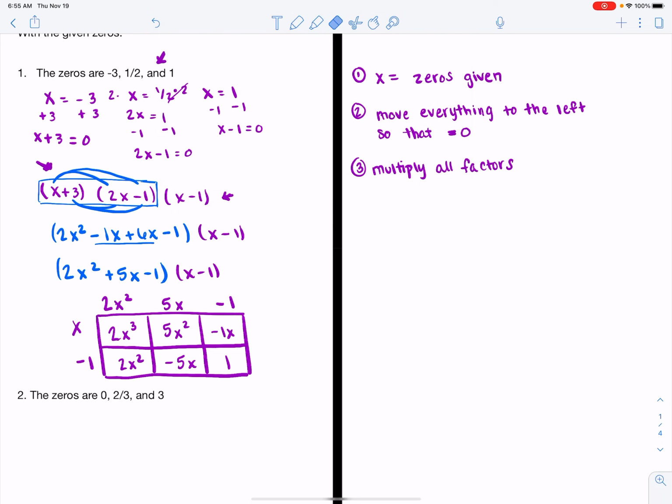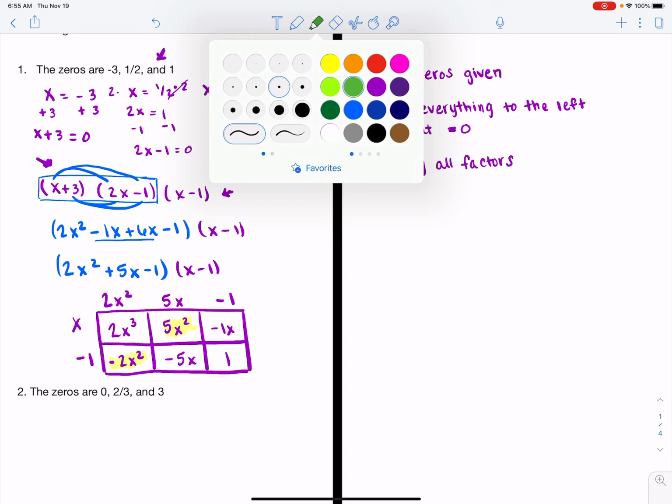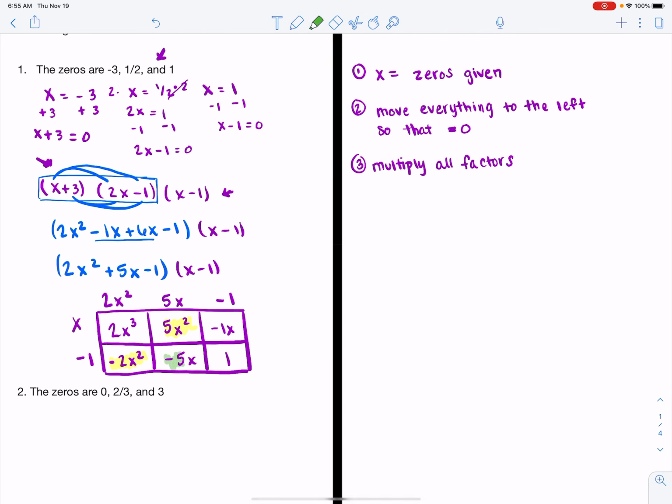So I notice that I have negative 2x squared and 5x squared. I have negative 5x and negative 1x.